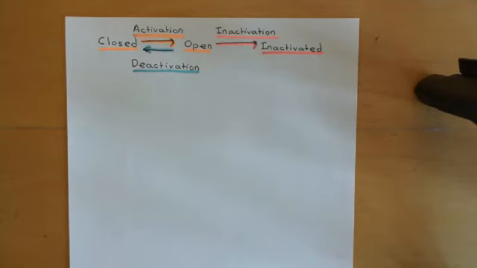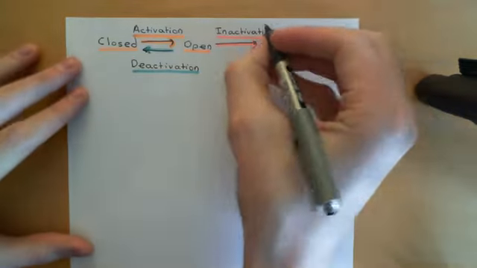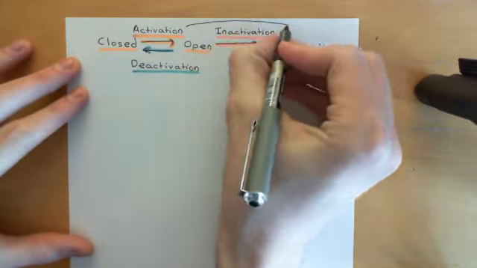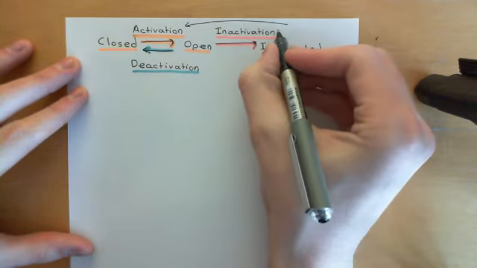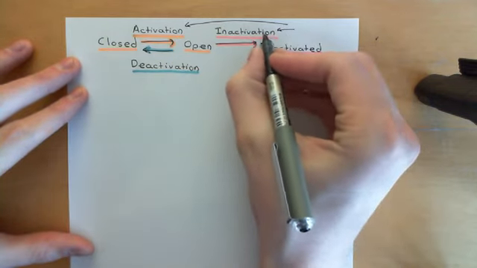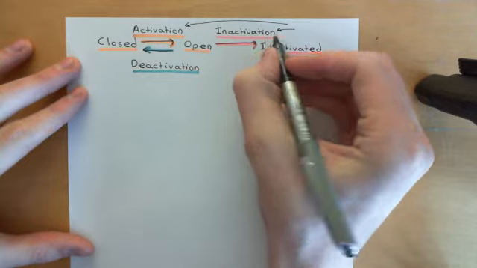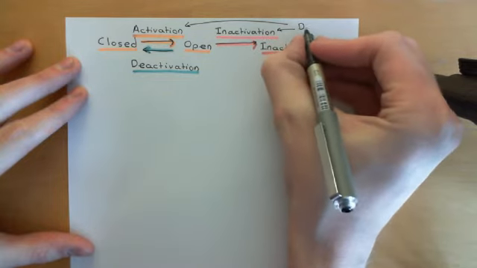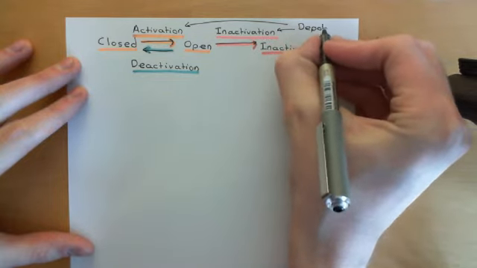So C-type gating, this collapse of the selectivity filter, is triggered by depolarization of the electrical potential difference across the cell membrane, and it will again be reversed when you repolarize the electrical potential difference across the cell membrane. So both of these processes, both activation, the opening of the V gate, and inactivation, the closing of the N gate and the C gate, are both triggered by depolarization, basically.